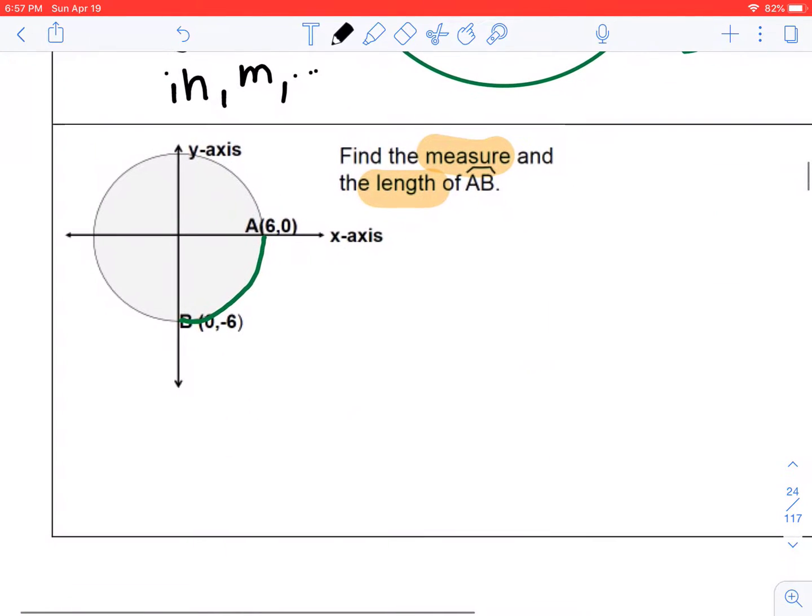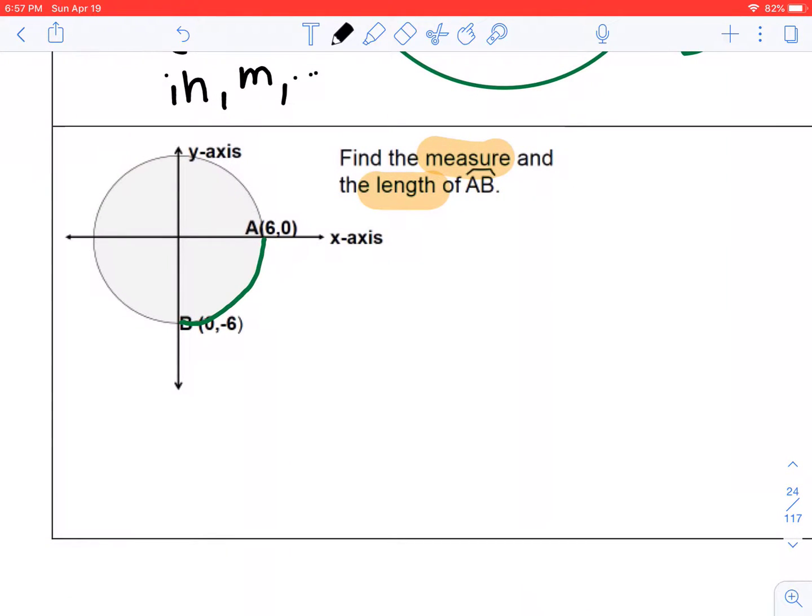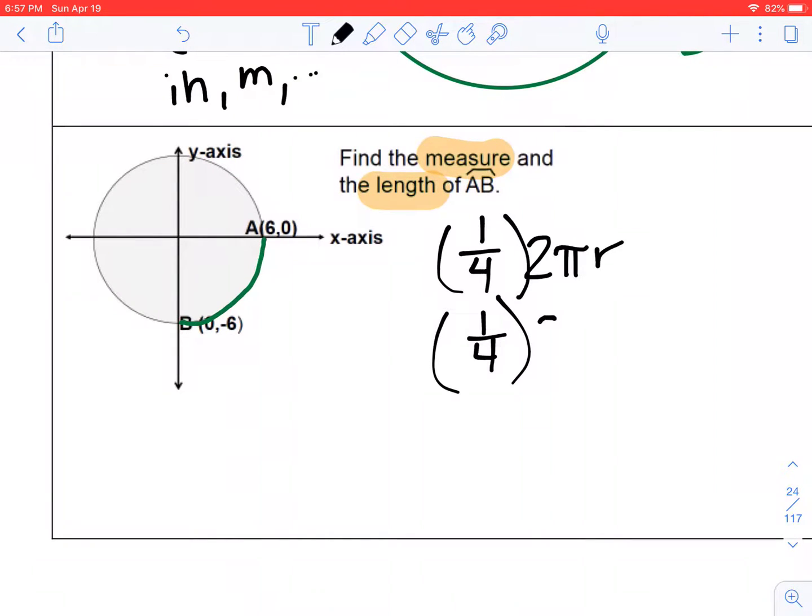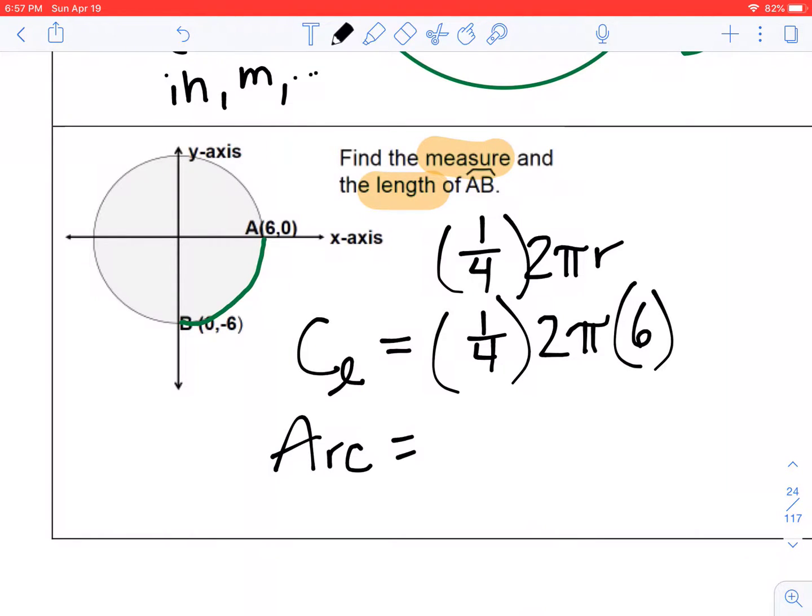So here's an example. Find the length from A to B. First of all, this is based on 2 pi r. In this case, you could say 90 over 360, but it's probably best to just think about it as a quarter. We can see the radius from the problem. So I take the radius, which is 6. And again, this is the circumference, the length. You could call it the arc, that's fine too.